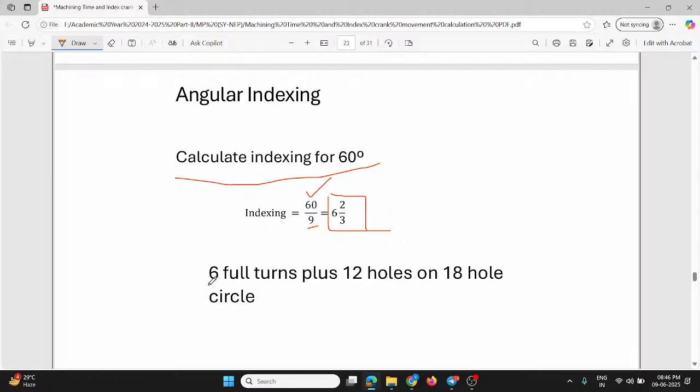So 6 full turns plus 12 holes in the 18-hole circle. Basically what is done here is that the numerator as well as the denominator is multiplied by 6.